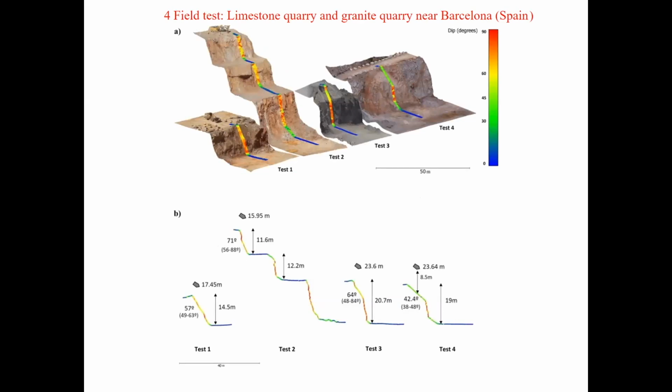We carried out 4 of these real scale tests in several open pit mines close to Barcelona. Here we have the profiles or the perspectives of these 4 sites. 3 were on limestone and 1 was on granite.